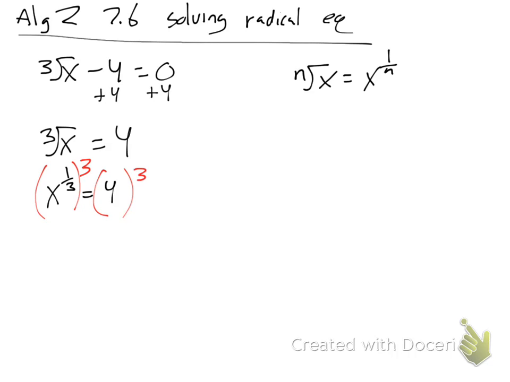And then what I do to one side, I have to do to the other, because these will cancel each other, and you're left with x equals 4 to the 3rd power. 4 times 4, 16. 16 times 4? 64. That's what it comes down to in this lesson, is getting the radical by itself, and then doing the reciprocal power.